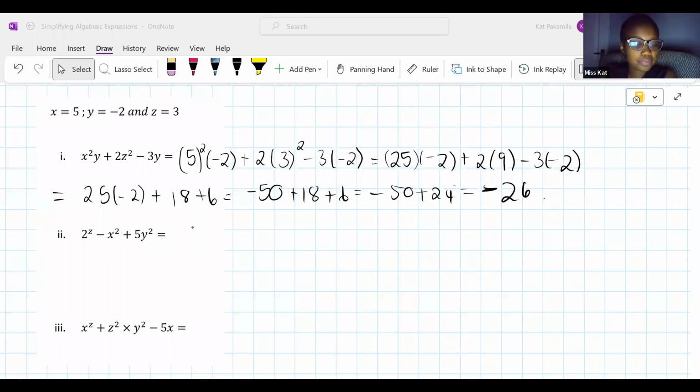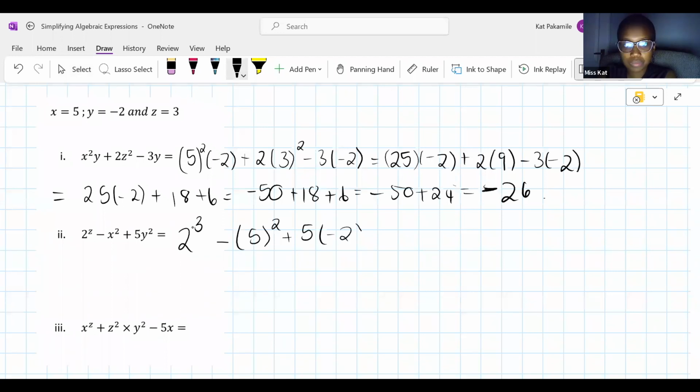Okay, ma'am. So I'm going to say 2 to the power of 3 minus open bracket 5 close bracket squared plus 5 open bracket negative 2 squared. And then, ma'am, 2 cubed is equal to 8 minus 5 squared is equal to 25.